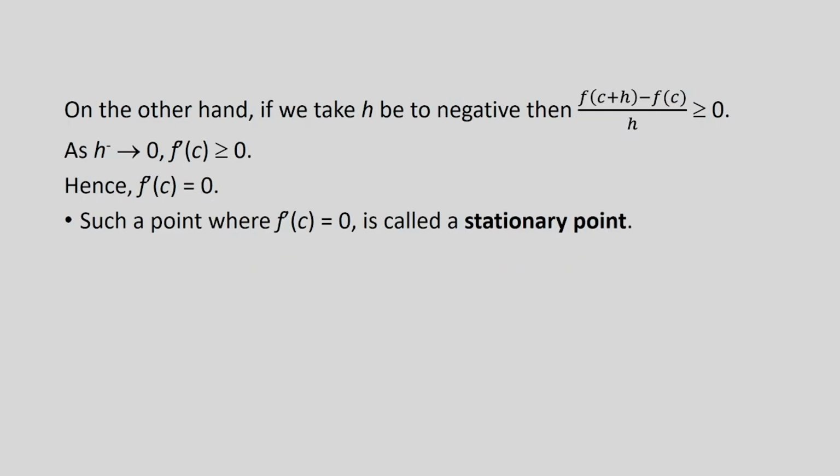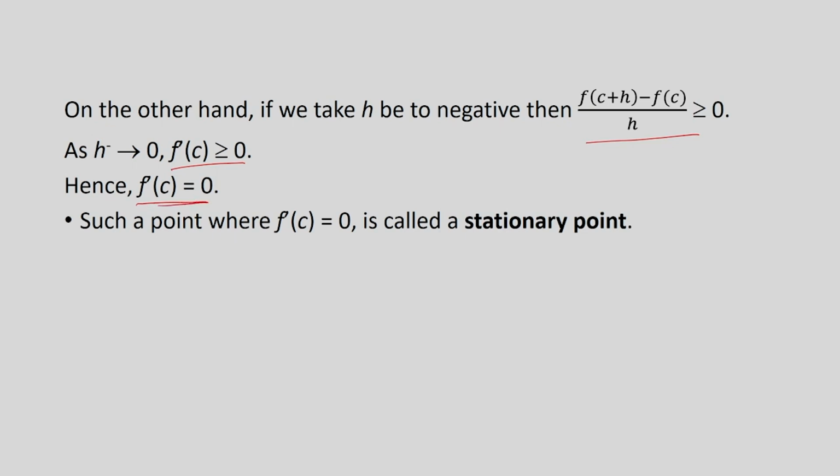Similarly, I can take h to be negative. In that case, this Newton quotient will be greater than or equal to 0, and similarly we see that f dash of C is greater than or equal to 0, and both of them are satisfied, f dash of C greater than or equal to 0, and it is less than or equal to 0, which means that f dash of C is equal to 0.